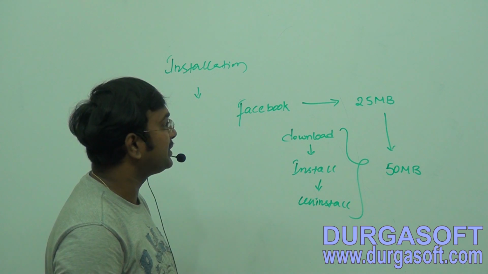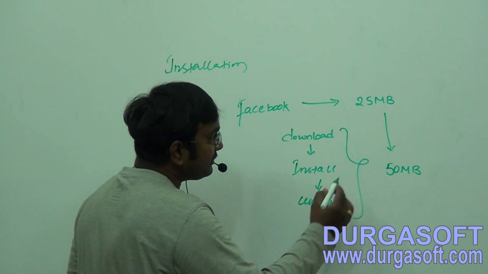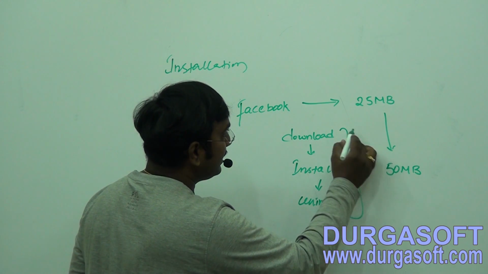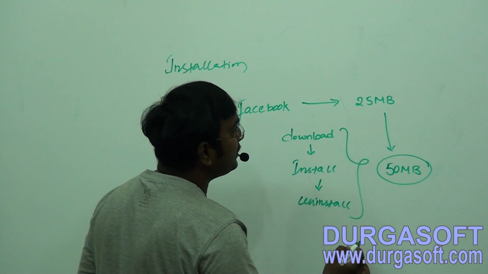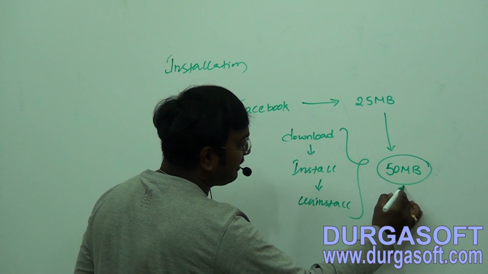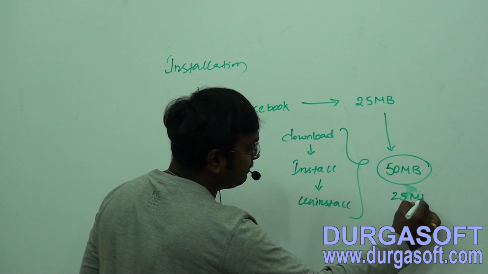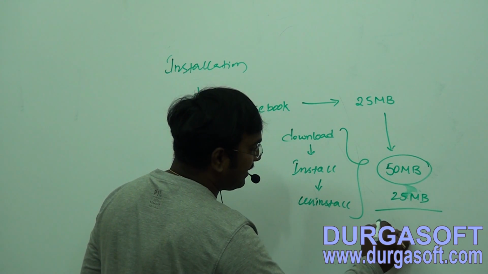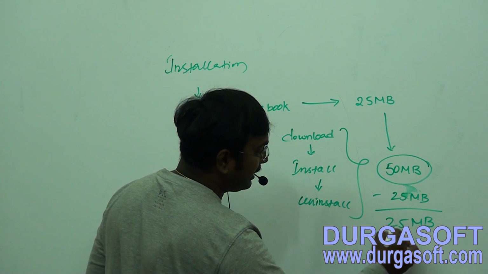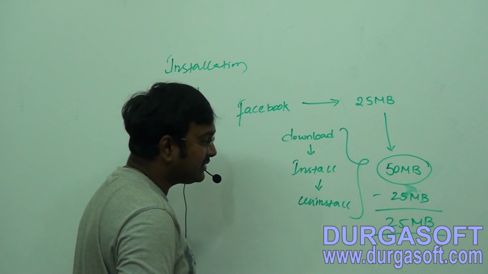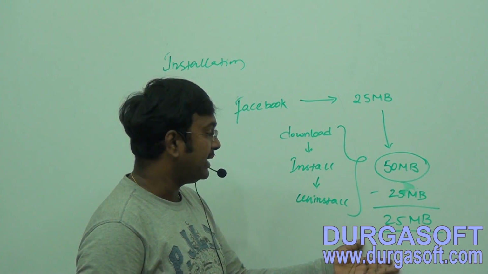But here we have to check in installation: 50 MB space, we download 25 MB. So what is left? Minus 25, so in your mobile device there is another 25 MB of space.